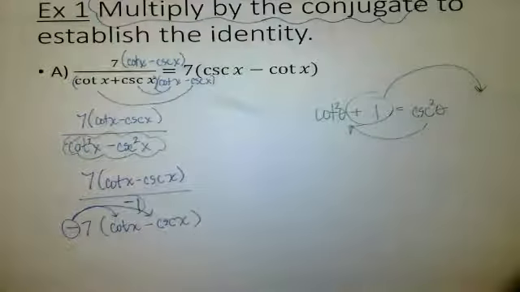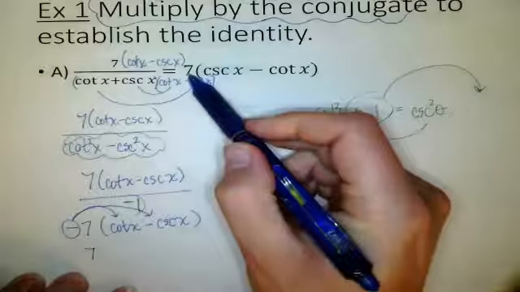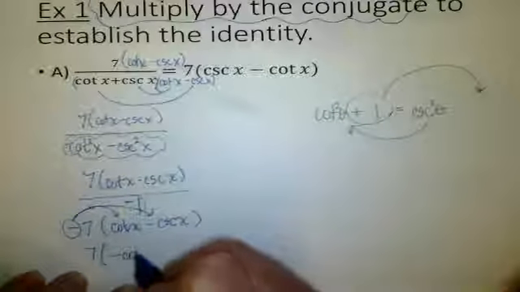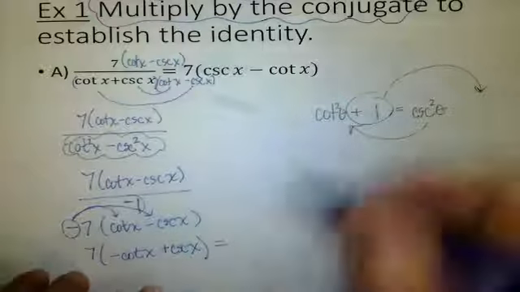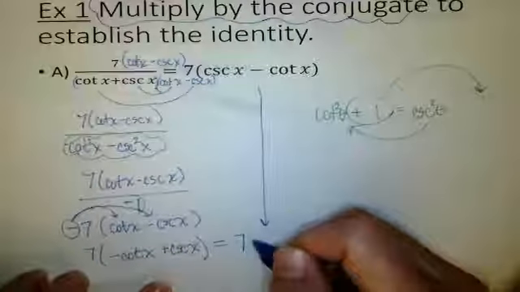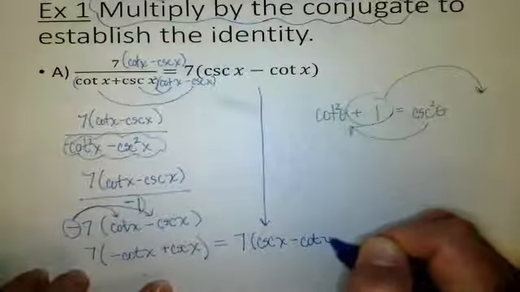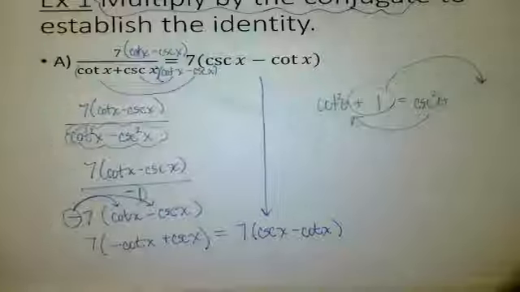So I can leave the 7 alone, and I can distribute the negative, and that would give me negative cotangent of x plus cosecant of x. And now those match. So there's lots of ways to do that sort of simplifying with negatives. It's kind of a weird thing.